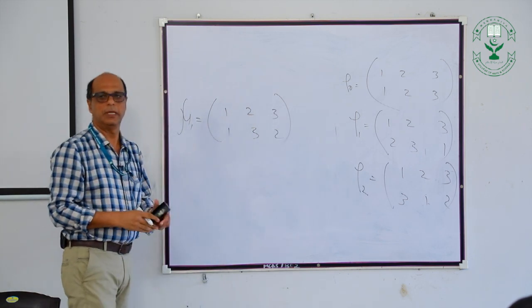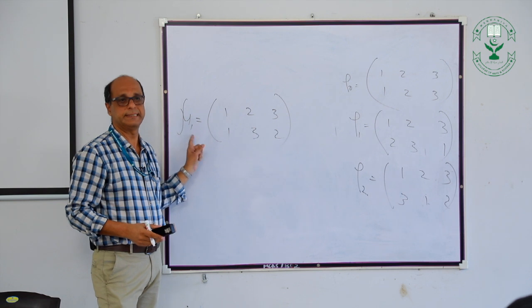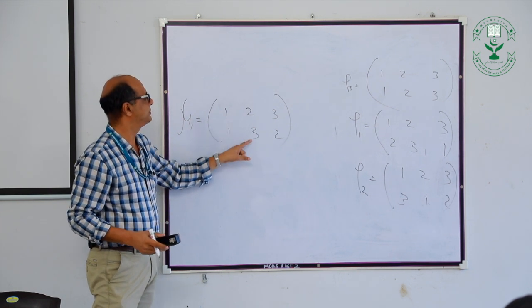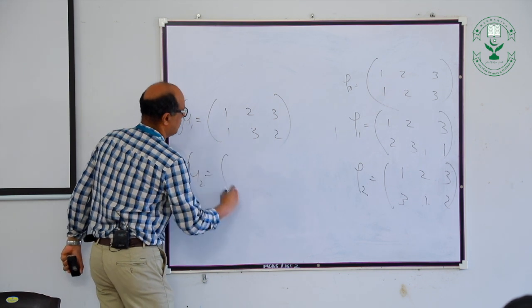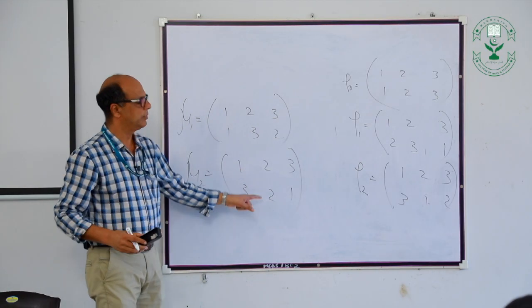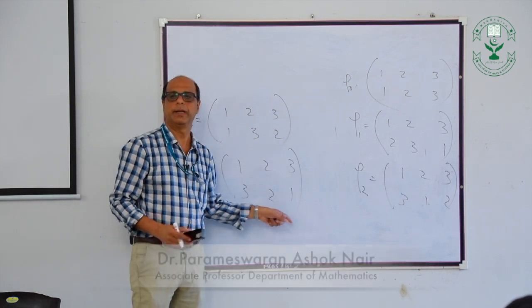This is another option: 1 maps to 1 itself, 2 maps to 3, 3 maps to 2. Again, mu 2 is written as 1, 2, 3 over 3, 2, 1. See, 2 goes to the same point, and 1 goes to 3 and 3 goes to 1.